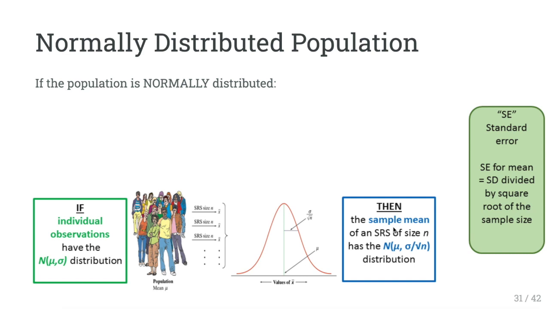That means the sample mean for a sample of size n has a normal distribution with a mean of mu, the same mean, and a standard deviation of sigma divided by the square root of n. So that's going to be the distribution of the means.